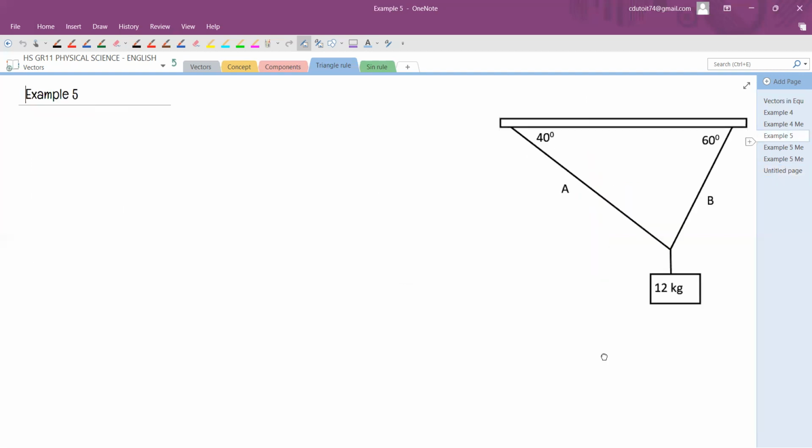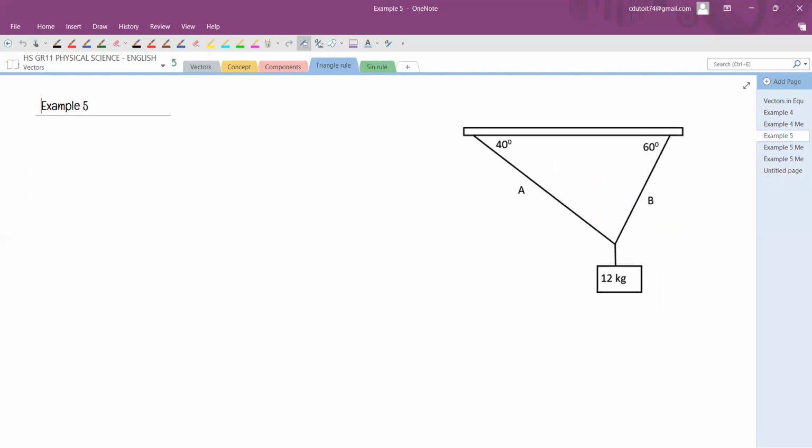Right. This is where it becomes more important, the difference between the two. Okay, good. I'm going to start off by doing the triangle rule. Okay, what I'm going to do, very important, I'm going to take my Fg force. There's a point which all the ropes come together.